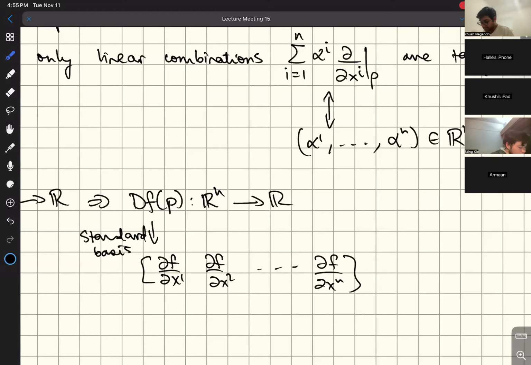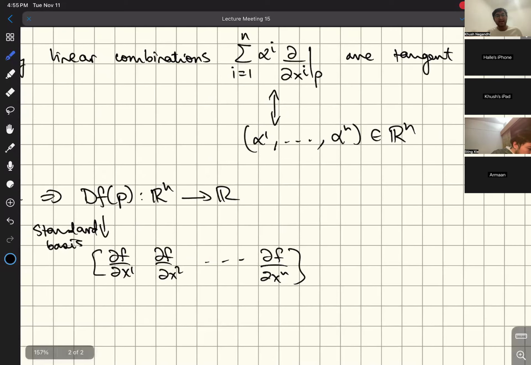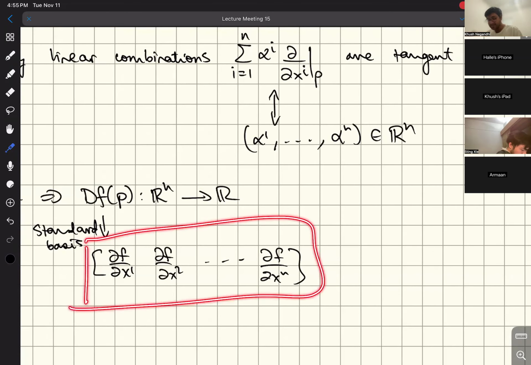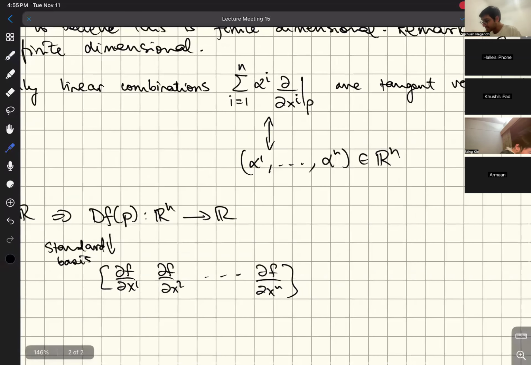And what this is saying now is that in the standard basis, which is the canonical choice of basis for Rn, our derivative looks like this. Now, you see, this is exactly the basis that I've used here, right?